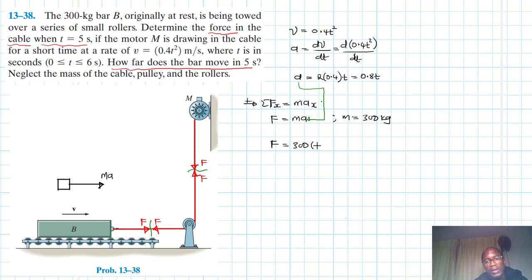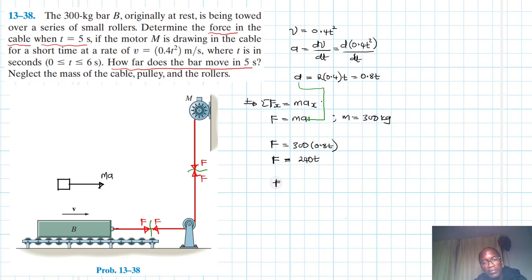So 300 times a, which is 0.8 t. Therefore F in terms of t is 300 times 0.8, which is 240, so this just becomes 240 t.